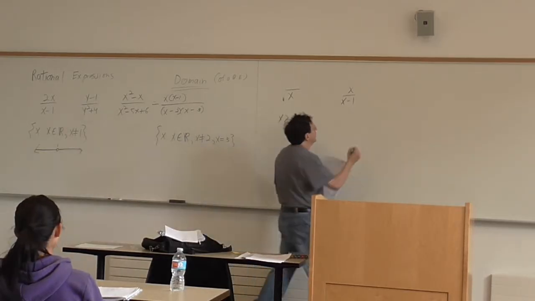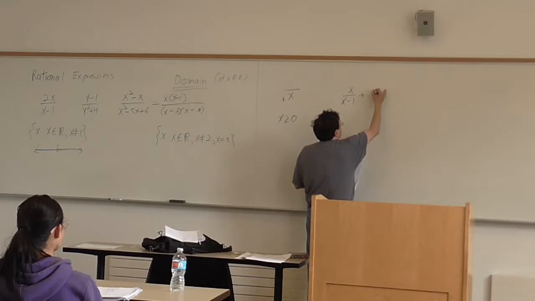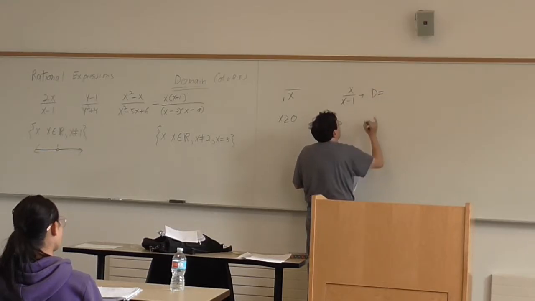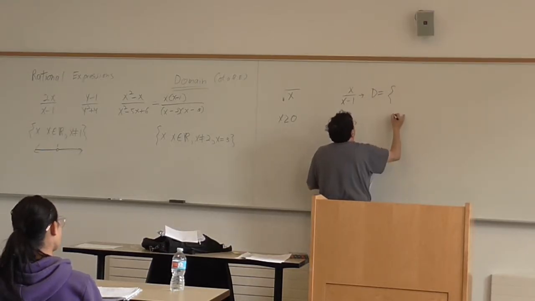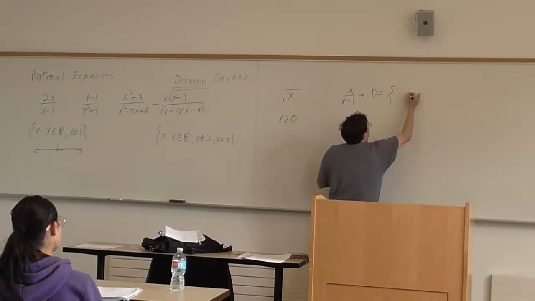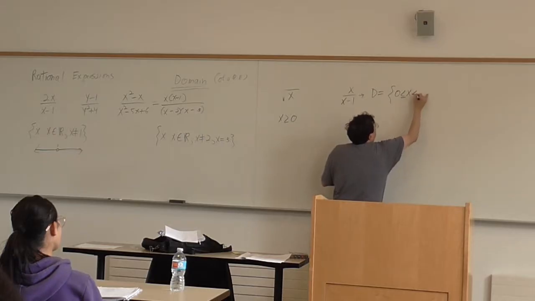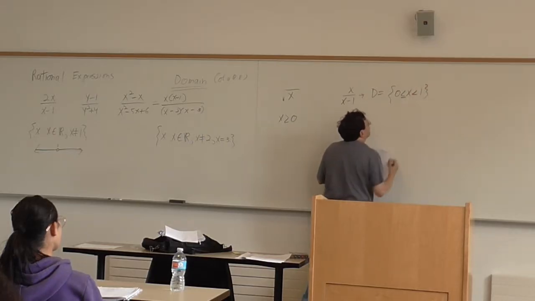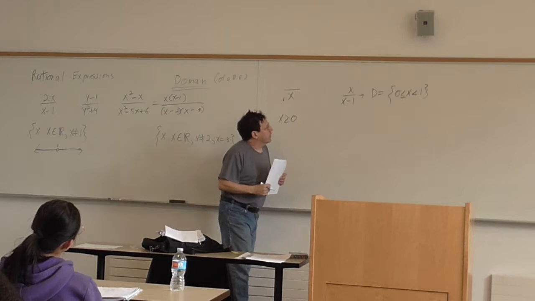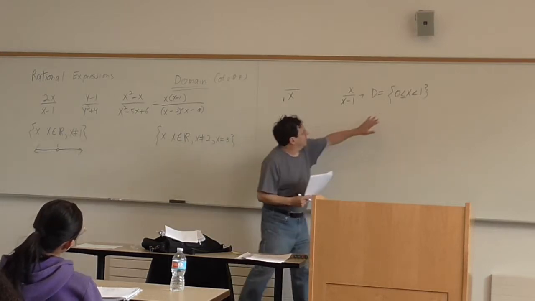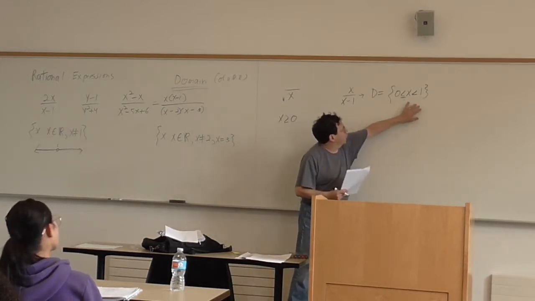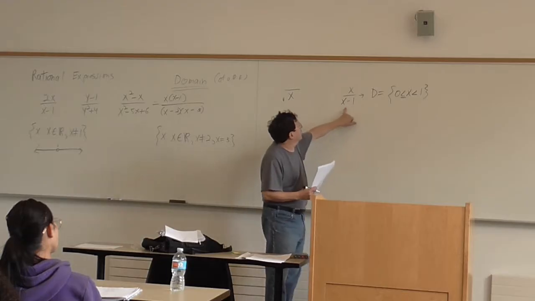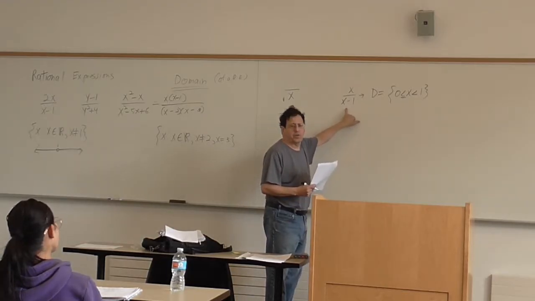We could actually have a domain we're just interested in, say, okay, does that work as a domain? Is there anything in this from 0 to 1 that we can't plug in here? I don't think so. I think we're good.